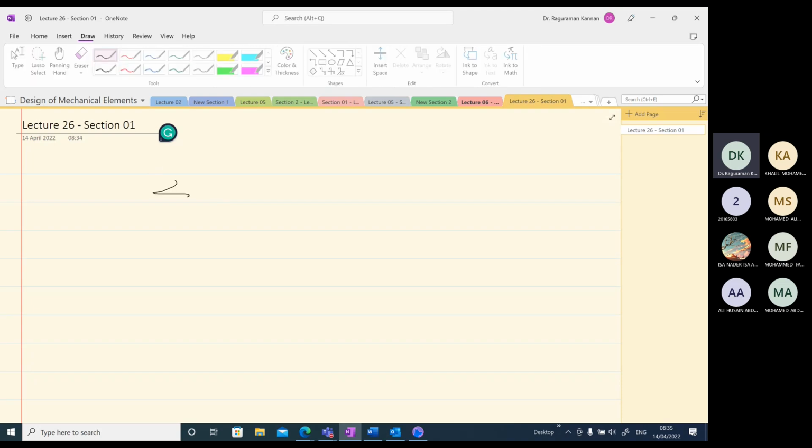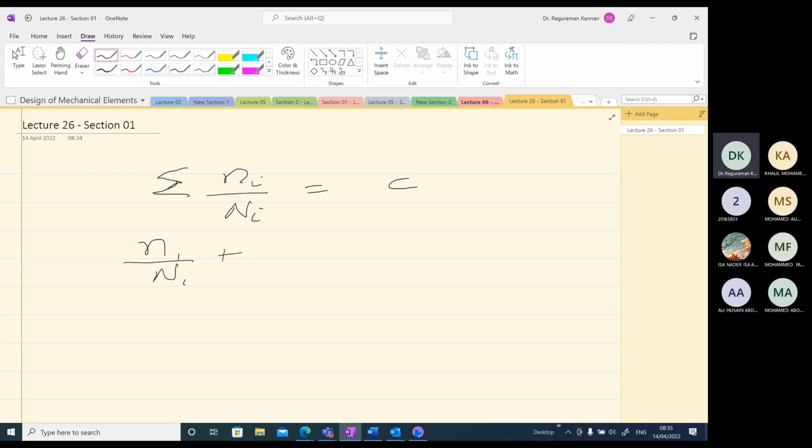So if I write the summation, sum equals C, you can see that if I expand it, it should be small n. Let's say we have 3 different cycles. Let's say I write the damage is equal to this.